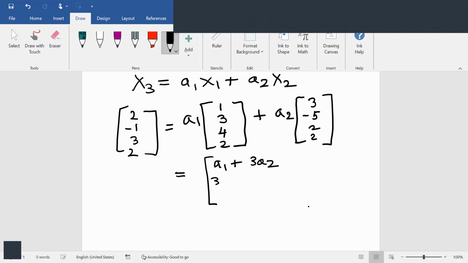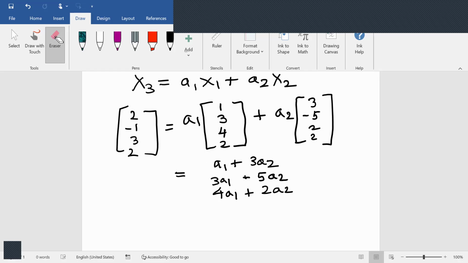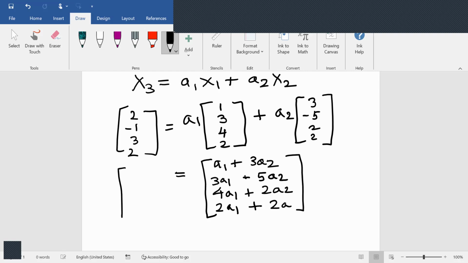Then 3a1 minus 5a2. Then 4a1 plus 2a2. And here we will have 2a1 plus 2a2. And this is equal to this particular matrix on the left-hand side.